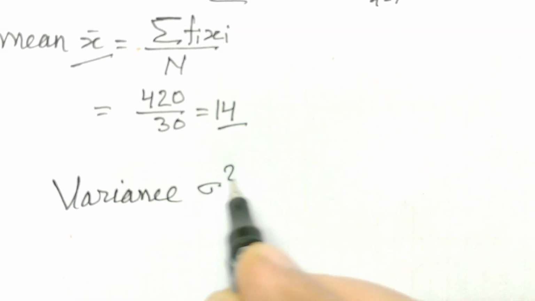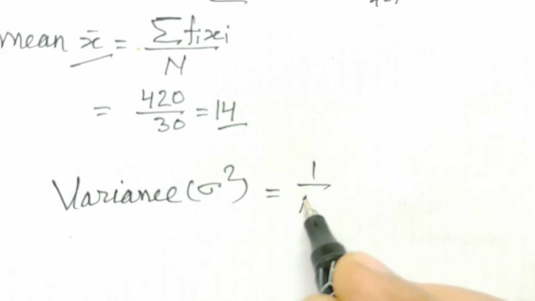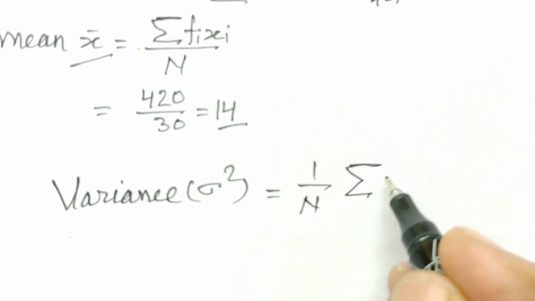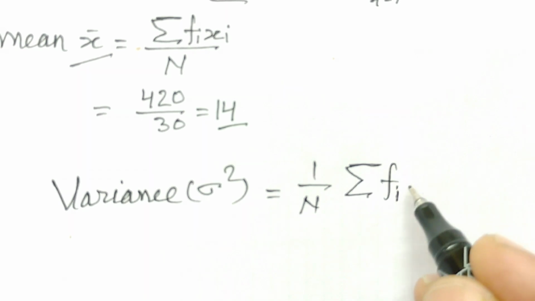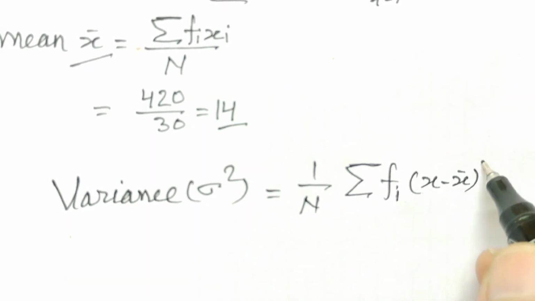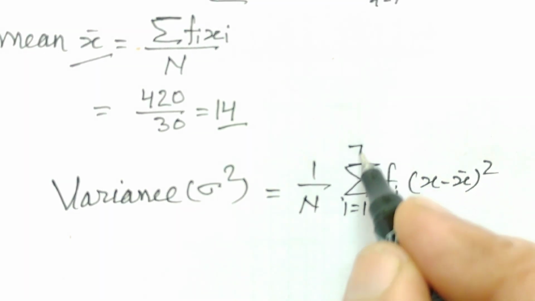Variance, denoted by sigma square, is equal to 1 over n summation of fi into xi minus x bar square, i is equal to 1 to 7.